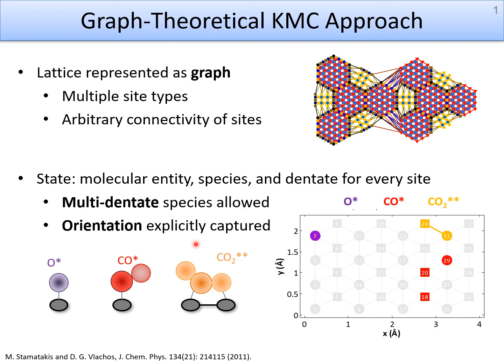So we take into account the fact that this CO2 species can bind with the carbon subunit to one site and the oxygen subunit to the other site. So then we can explicitly capture the orientation on the lattice.